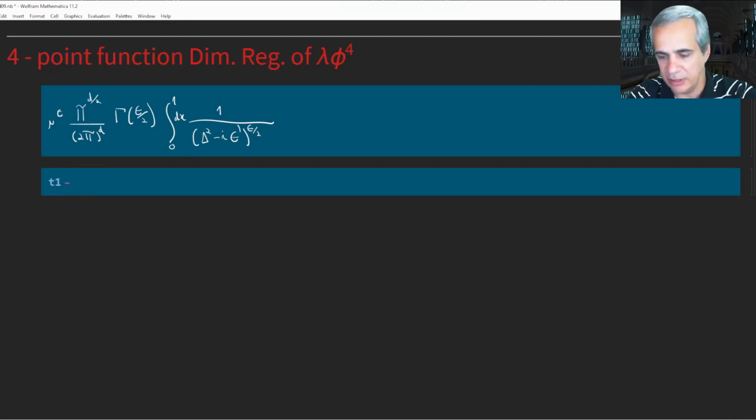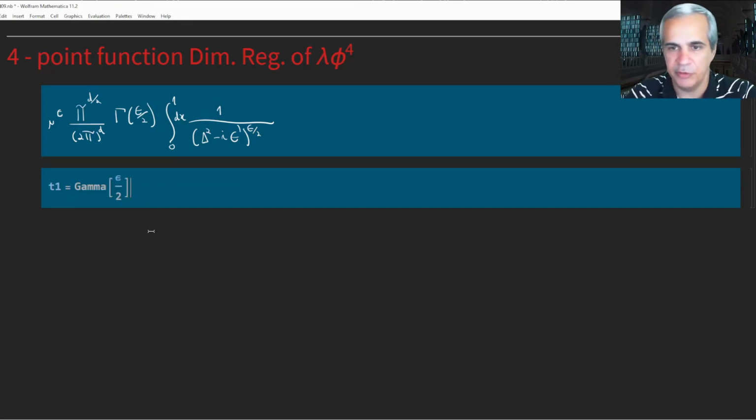Let's start with the gamma, right? So Mathematica has a gamma function, right? I'll call epsilon epsilon. So what I want is to do the Taylor expansion for gamma of epsilon over 2. This looks nicer like this, right?